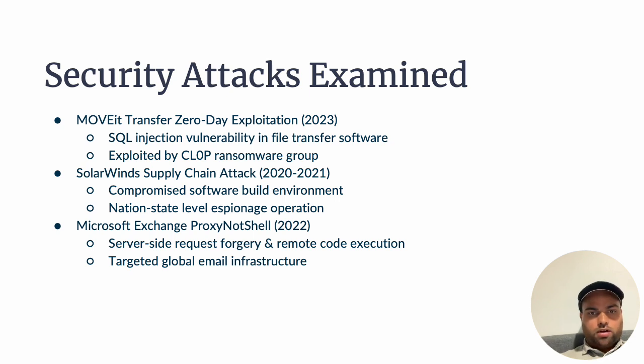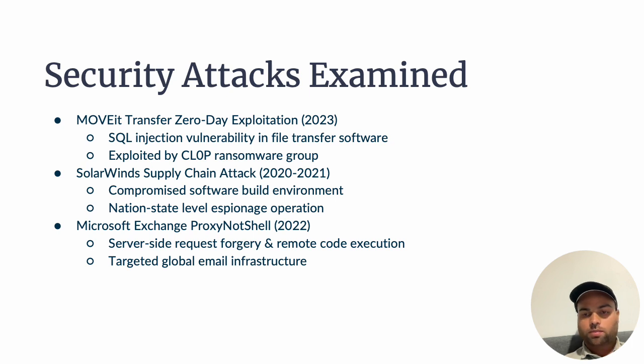I'm also starting with the security incidents examined, and I will be focusing on three distinct attacks. Firstly, the MOVEit Transfer exploitation from 2023, which involved SQL injection vulnerability in a widely used file transfer application and resulted in one of the largest data breaches of recent years.